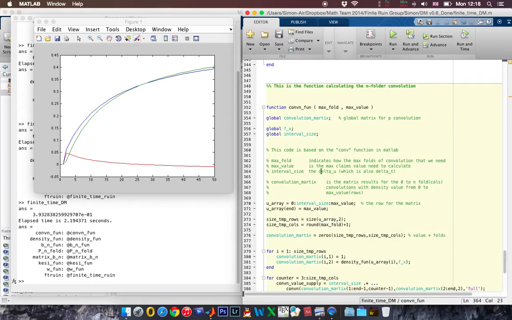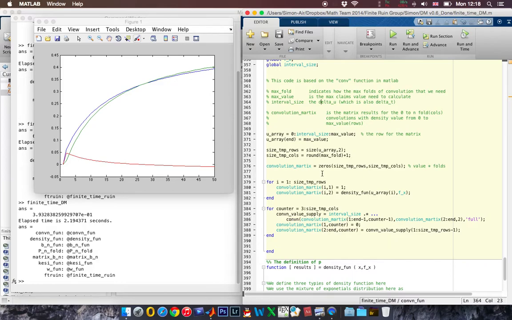And basically, the way we calculate the nth-fold convolution is just using the convolution function in Matlab, which you can see here. This is the function that calculates the two-fold convolution. However, the three-fold or four-fold convolution work in literally the same way.